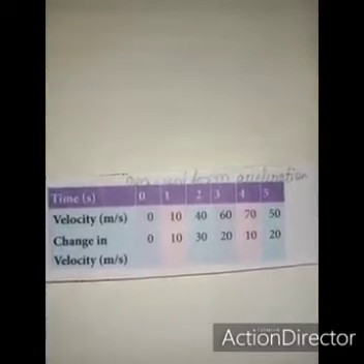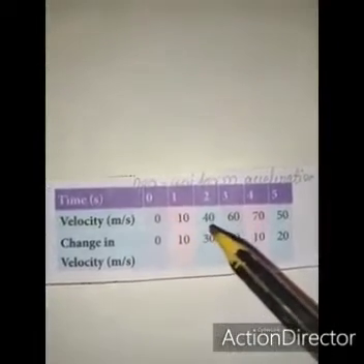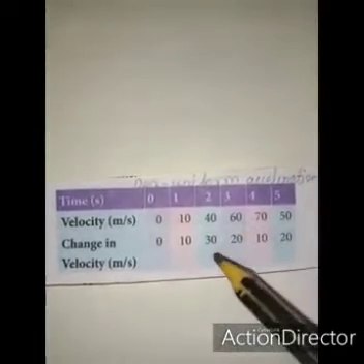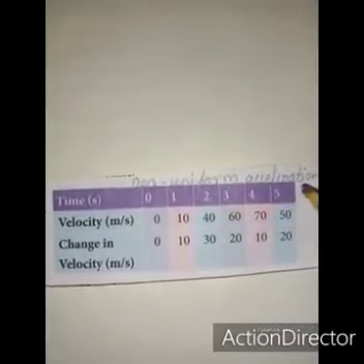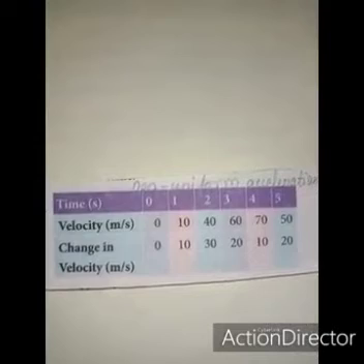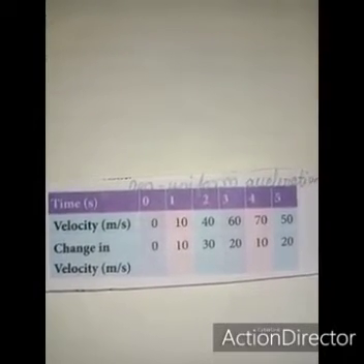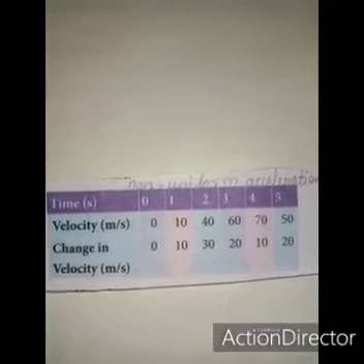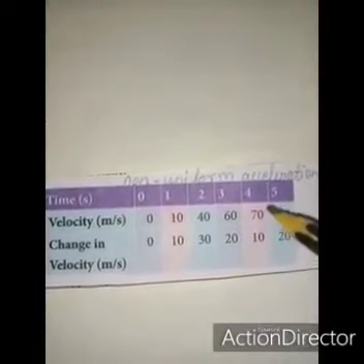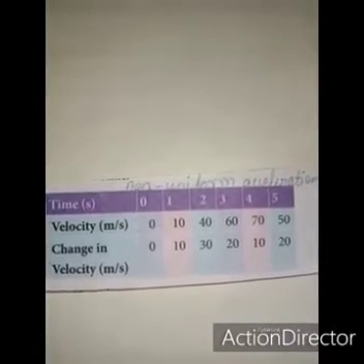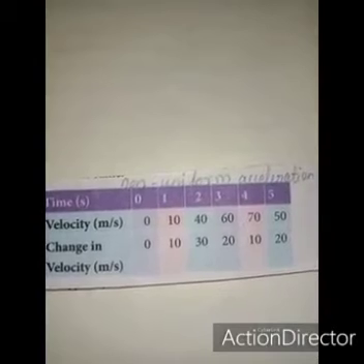Observe this table also. The change in velocity is not same for every unit of time. The previous table shows the change in velocity is same for every unit of time, but here it is not same. So this is an example for non-uniform acceleration.